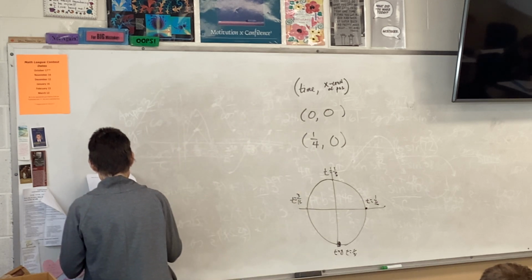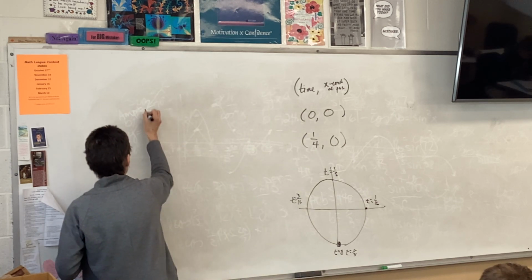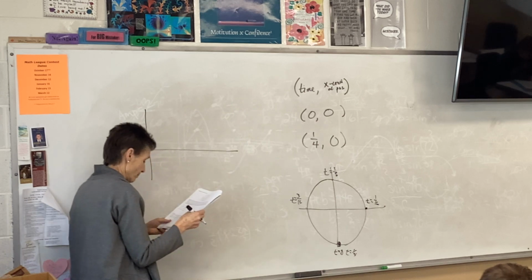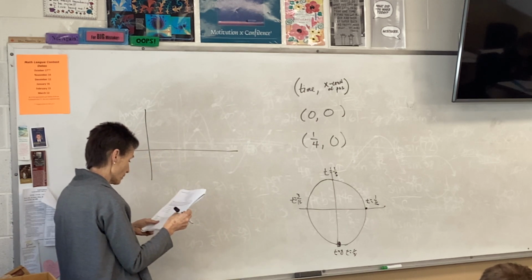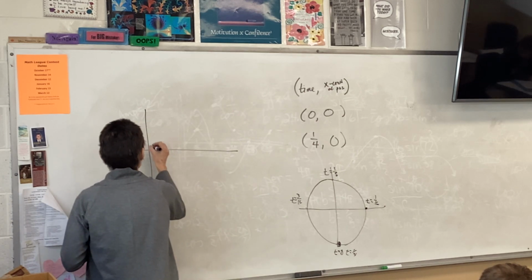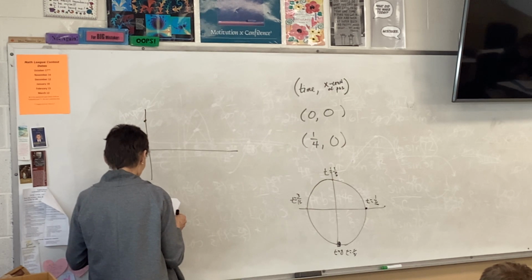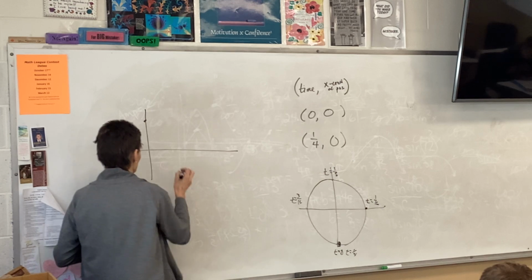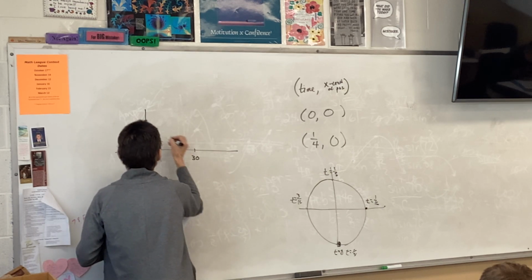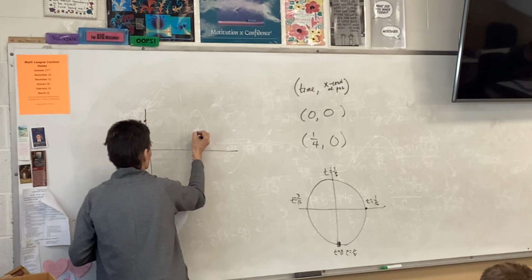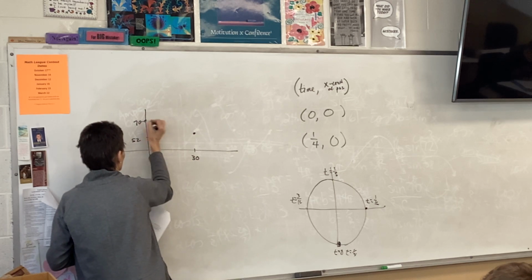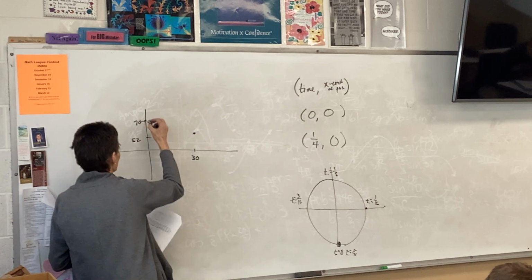Writing the whole equation, guys, you're only coming up with what the amplitude and the vertical shift. So 30.70 is a max, and 30.52 is a min.